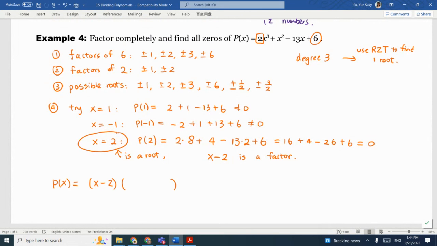Is that clear, everybody? Because it might happen that if it's a repeated factor, or maybe you have irrational numbers as roots, or complex numbers as roots, then even though you plug in all those numbers, you couldn't find the other roots. So don't waste the time to plug in all the numbers. You just need to find one root. Is that clear, everybody?